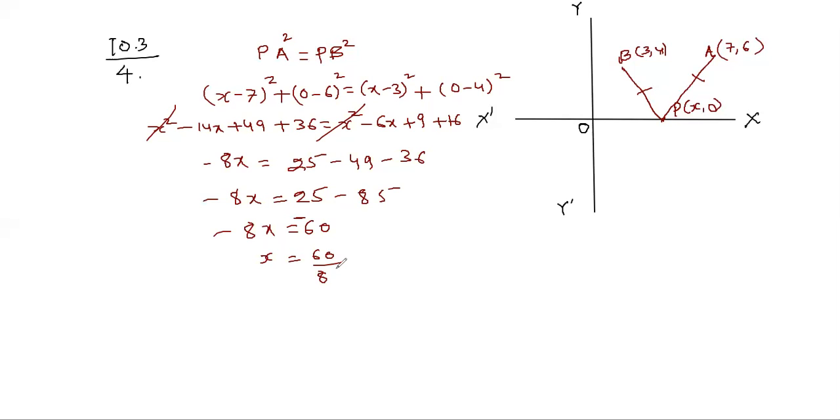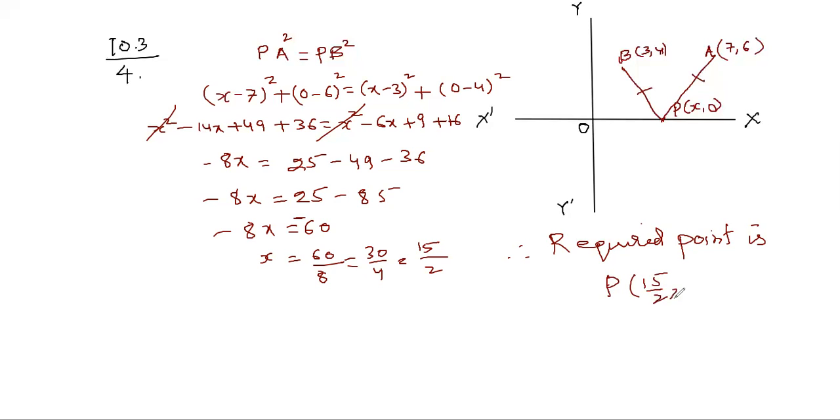You can cancel: 2 fours are 8, 2 thirties are 60, so 15 divided by 2. So therefore the required point is P, 15 by 2 and 0.